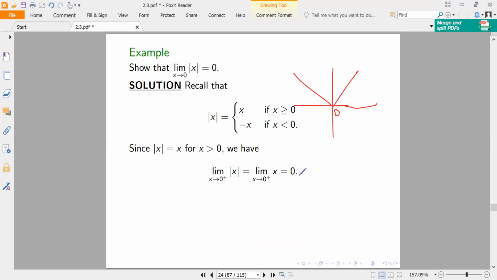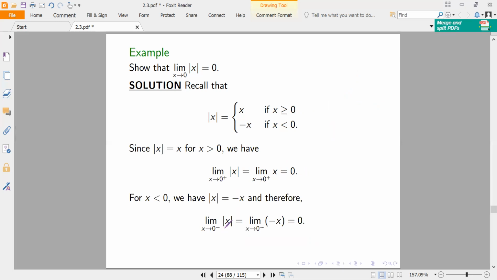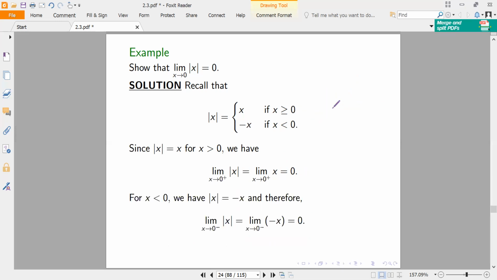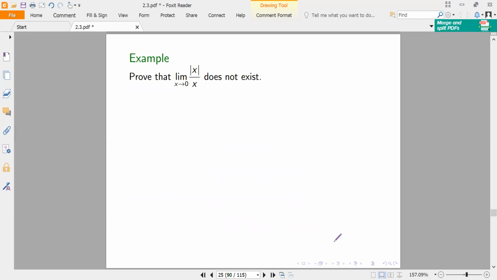And using the values that are less than zero, coming from the left, we still approach zero. So the limit from the left and the limit from the right are both zero, and remember, when they are the same, we say the limit exists. So the limit as x approaches zero of the absolute value of x is zero.